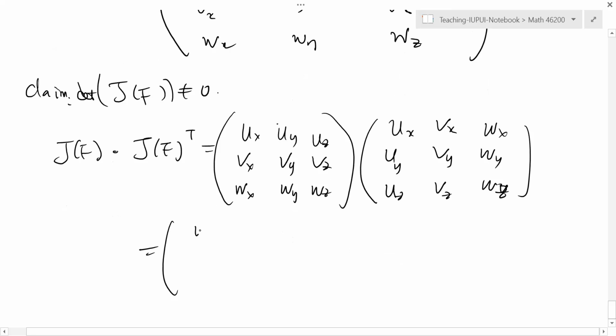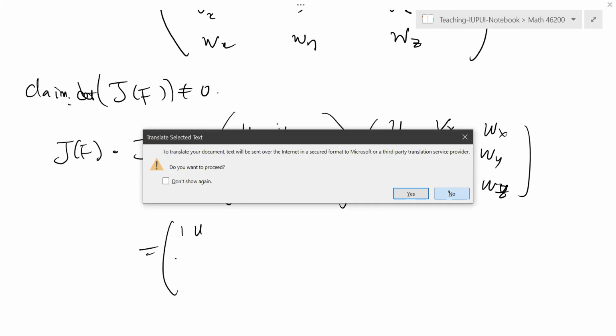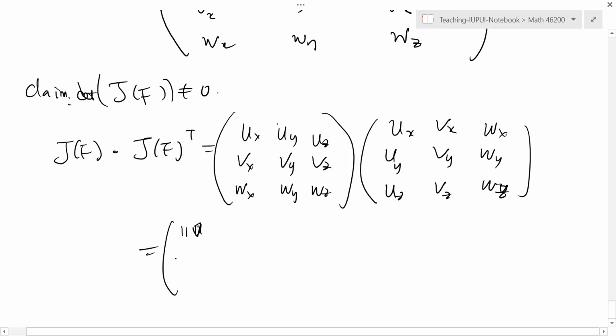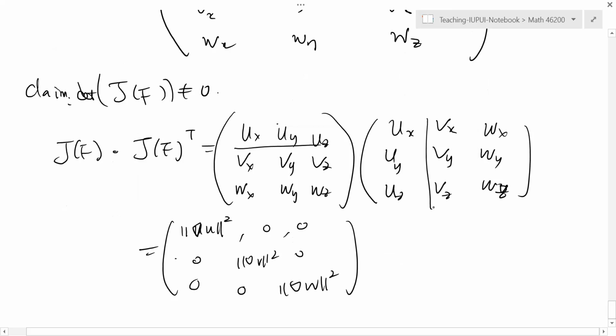The first one is just the gradient of u squared. The rest are 0, 0, 0, 0. That's great: when this row times that column, it's going to be 0.